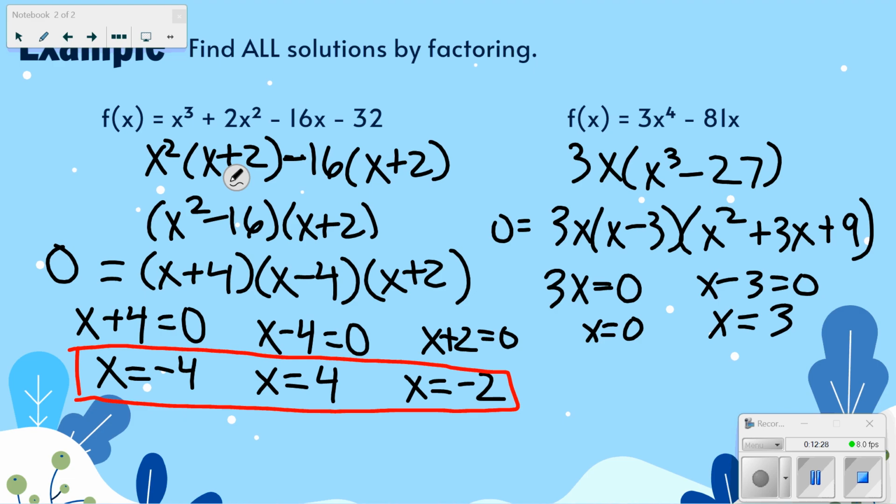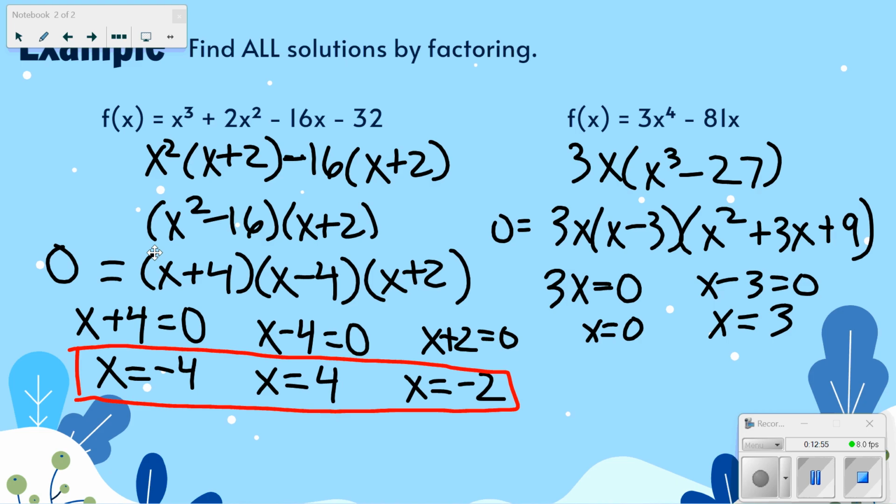Our favorite thing is the quadratic formula. I'll write it on the board in case you don't already have this memorized by heart at this point in the year. So you have your minus b plus or minus the square root of b squared minus 4ac, all divided by 2a.